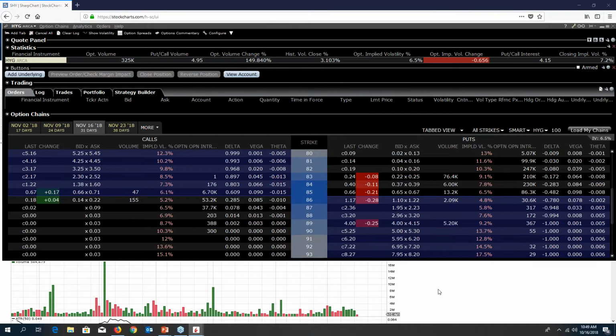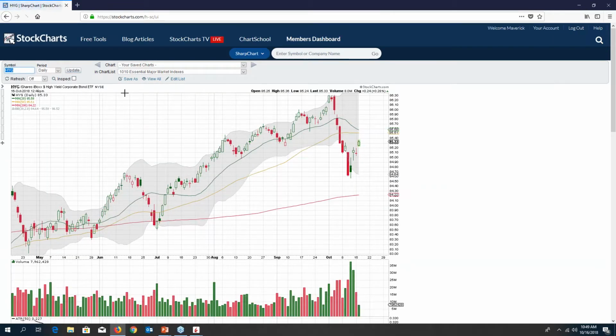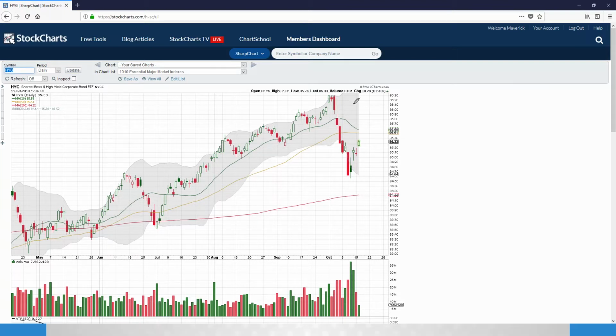Reasonable, right? Within pennies. So I could create an option trade with this junk bond ETF. And again, there's good volatility in it. From the high to the low, you can see the volatility in the bond market, 86.30 to 84.60.